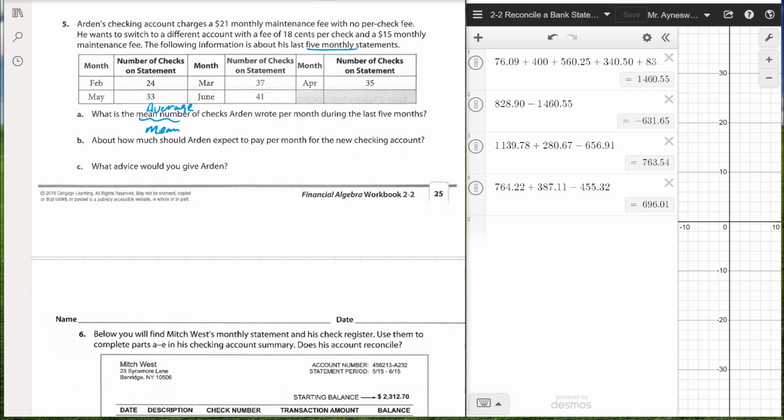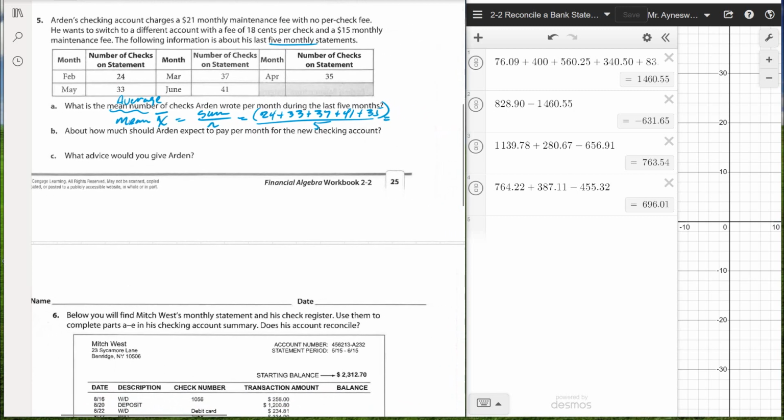So the mean would be the total sum divided by how many you have. In this case, it'd be 24 plus 33 plus 37 plus 41 plus 35, all divided by 5, because there are 5 months. So what would that be?